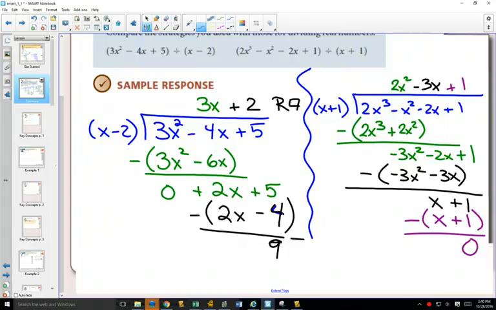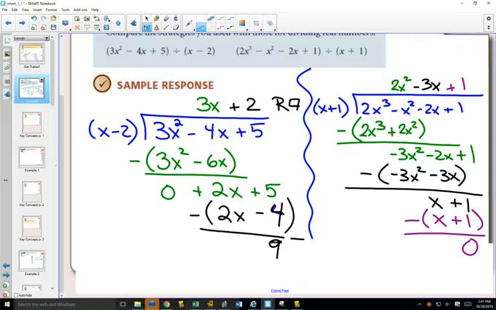Now, what we are developing in this chapter is a way to be able to factor beyond x squared. Up till now, you've only factored quadratics, and you've factored out common factors. But how do you factor something like 2x cubed minus x squared minus 2x plus 1?